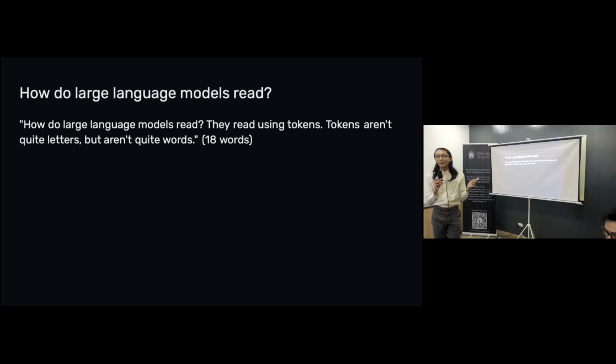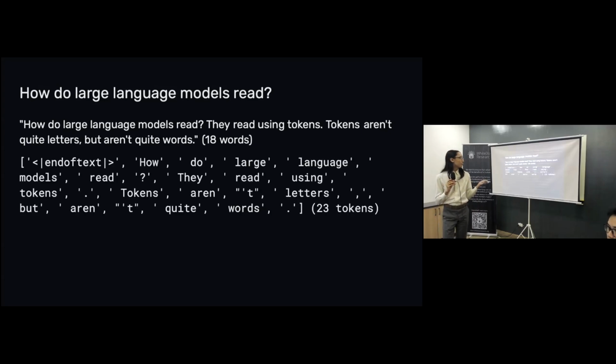So tokens, right? How do large language models read? They don't read using letters. They also don't read using words. They read using tokens, which is when the stream of text is divided up into chunks for it to be able to more easily process. You can see here, how do large language models read? They read using tokens. Tokens aren't letters, but aren't quite words. You can see how it's divided up into each one.